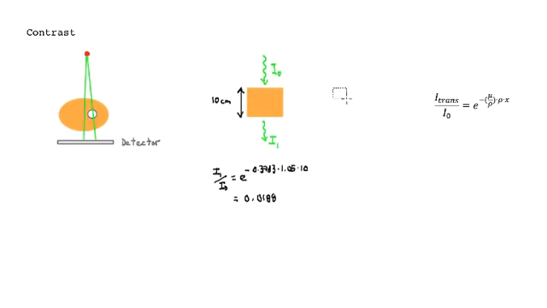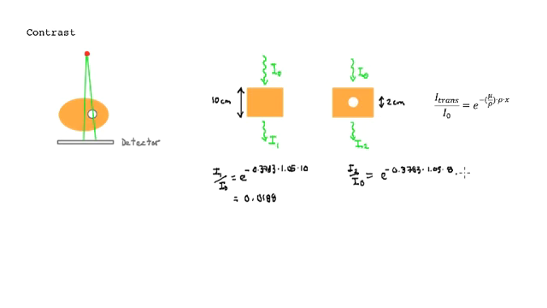Now let's do the same calculation, but instead I'm going to put the bone in there. It has a higher density and a different attenuation coefficient, and let's say it's 2 centimeters thick. It's the same calculation, I0 in, and I'm going to call what comes out I2. The first part is exactly the same, so it's e to the minus mu over rho times the thickness, which is 8 centimeters here.